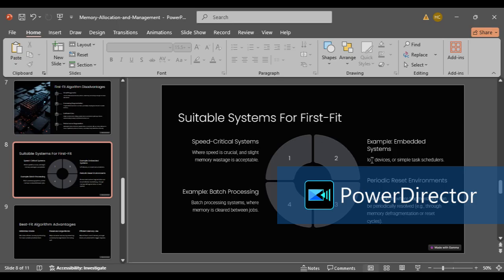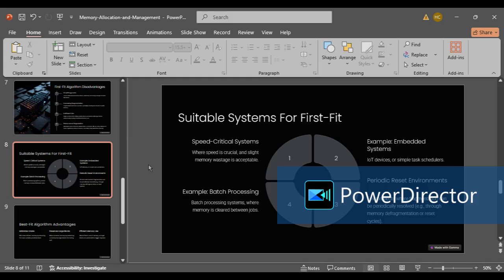Another suitable system for the first fit is an environment where fragmentation can be periodically resolved through memory defragmentation. Examples of these environments are batch processing systems where memory is cleared between jobs.